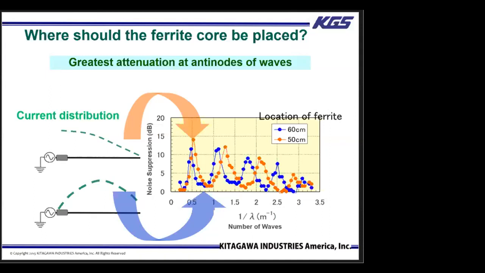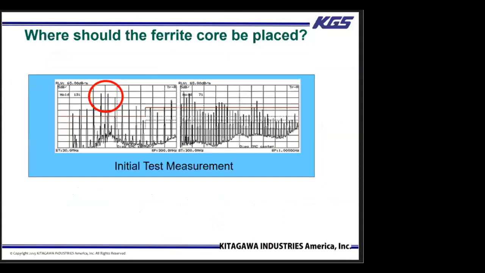You will notice that there was a greater effect when the core was attached to the antinodes of the wave and the least effect at the node. There is no specific location for the ferrite core that is considered the most suitable across the board for all frequencies. However, there may be a location which will work better for certain problematic frequencies.